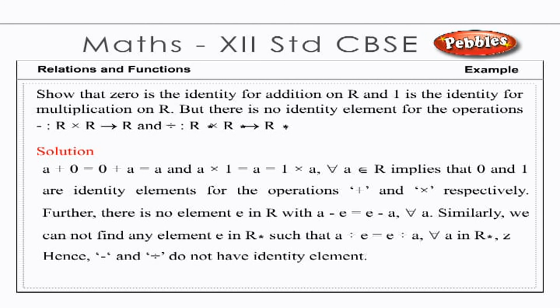Further, there is no element e in R with a minus e equal to e minus a for all a. Similarly, we cannot find any element e in R* such that a by e is equal to e by a for all a in R*. Hence, subtraction and division do not have an identity element.